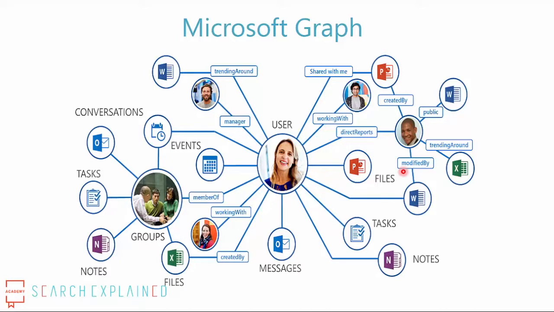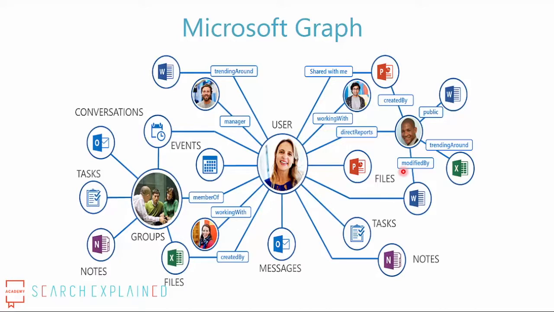The most important thing is that whenever you do something in Office 365, this action gets stored in the graph, and from those actions being stored in the graph, this graph is growing and growing continuously and collecting information about you, about your colleagues, about your content and everything in your Office 365 tenant.